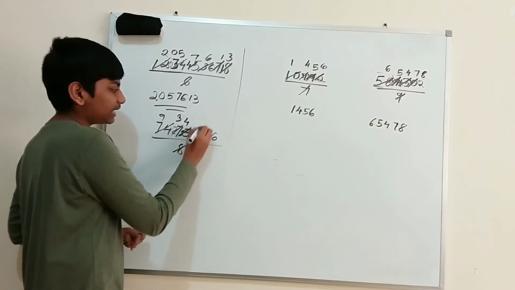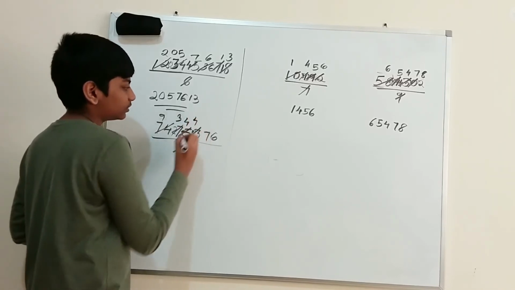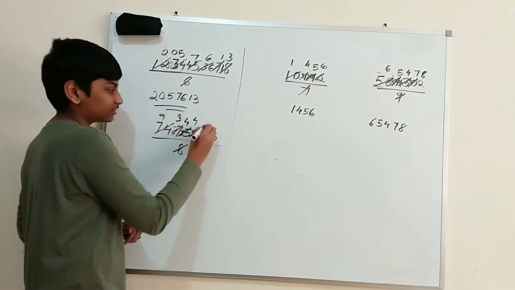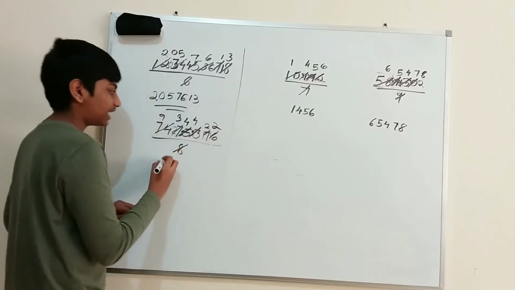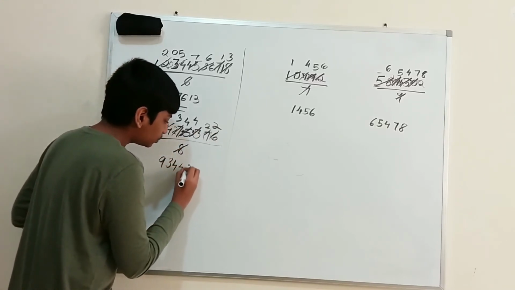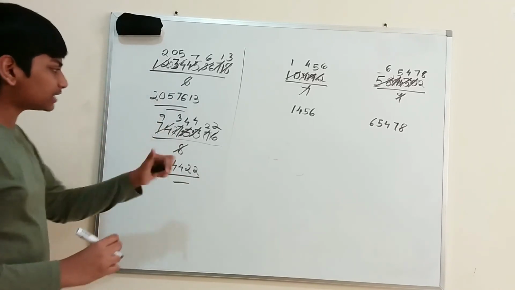So 3, 33, and again a 3, again a 4, because 32, and we'll get a 1, 17, and we'll get 2, 16, and a 1 and a 2 again. So our answer is going to be 934422. Okay, so we did it much faster, right?